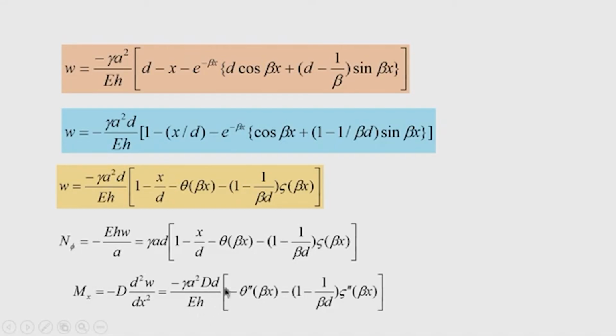Theta double prime indicates the second derivative of this quantity, because the second derivative of these two terms will be 0, then we are getting minus 1 by beta d, second derivative of that quantity xi beta x.